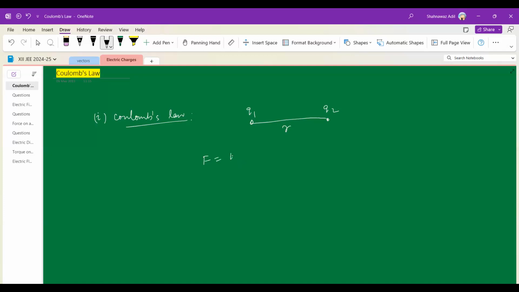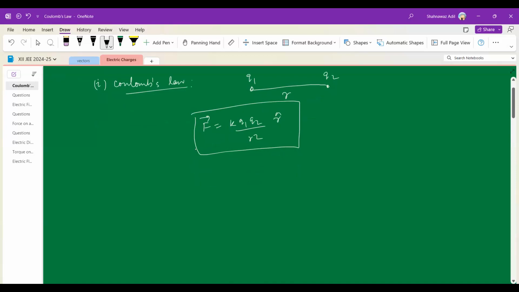So this is the Coulomb force, and this is a vector quantity. If I add some direction to it, this would be the Coulomb force. And if I put this in some medium, this will become F medium.